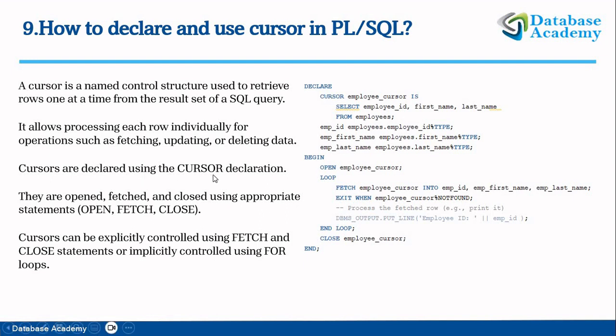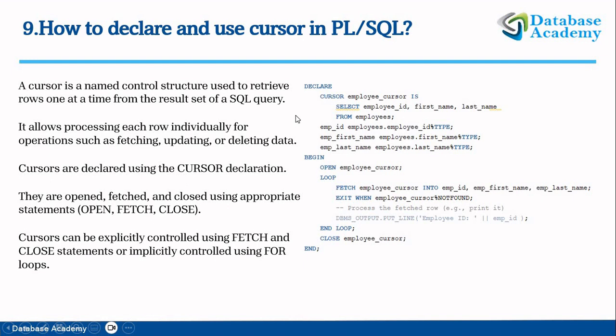Cursors are declared using a cursor declaration. Here you can see that the cursor keyword is used to declare a cursor. They are opened, fetched and closed using appropriate statements. So to work with a cursor, we first have to open the cursor, then fetch from the cursor, and then close the cursor. This is how we can work with a cursor.